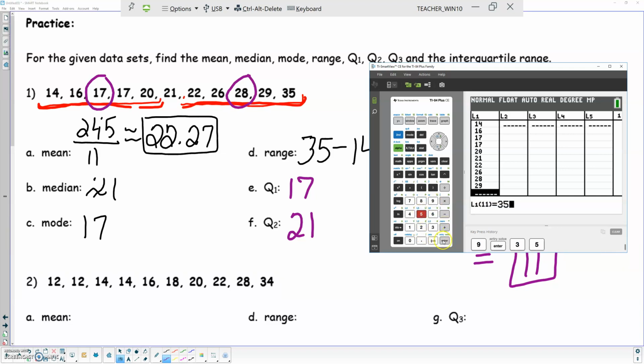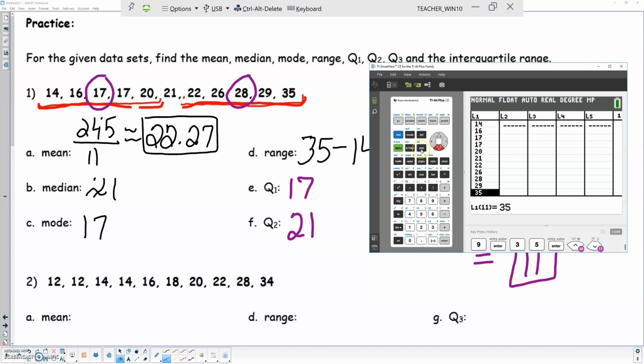And when you do this, you definitely want to check and make sure that you typed everything in the calculator correctly, because if you don't type it in correctly, you're going to get wrong answers. So we had 14, 16, 17, 17, 20, 21, 22, 26, 28, 29, 35.